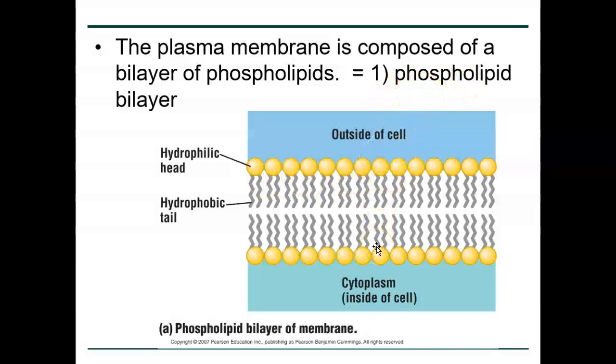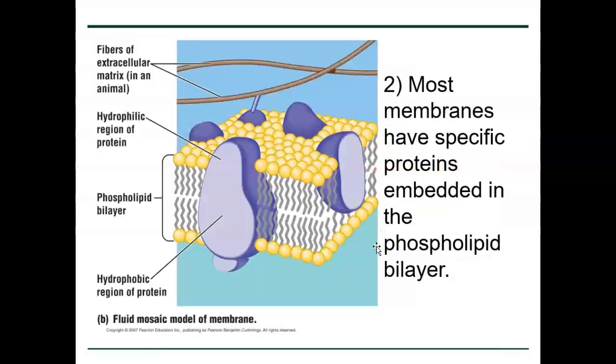So the first point to know is that the plasma membrane has a phospholipid bilayer. And then the second thing to know is that this phospholipid bilayer has specific proteins embedded in it.